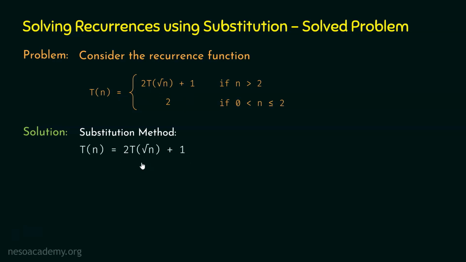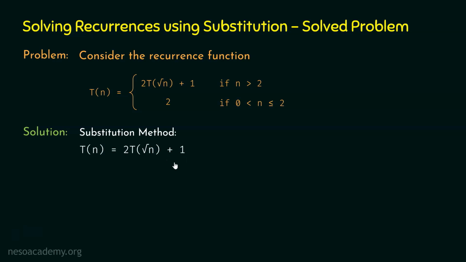Now, we can substitute T(square root of n) by 2 times T(square root of n) + 1. Why? We can always replace n by square root of n. On the left hand side, we will get T(square root of n). And on the right hand side, we will get 2 times T(square root of n) + 1.